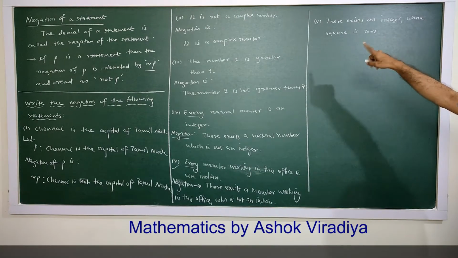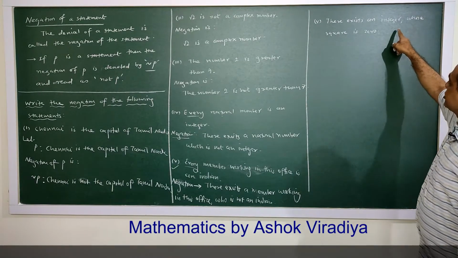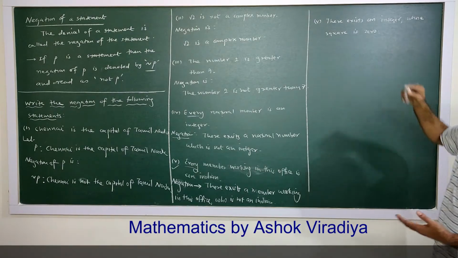Now, there exists an integer whose square is 0.